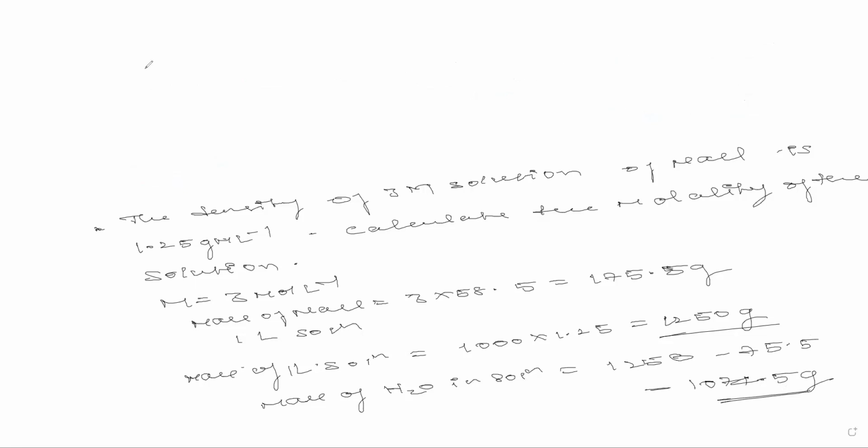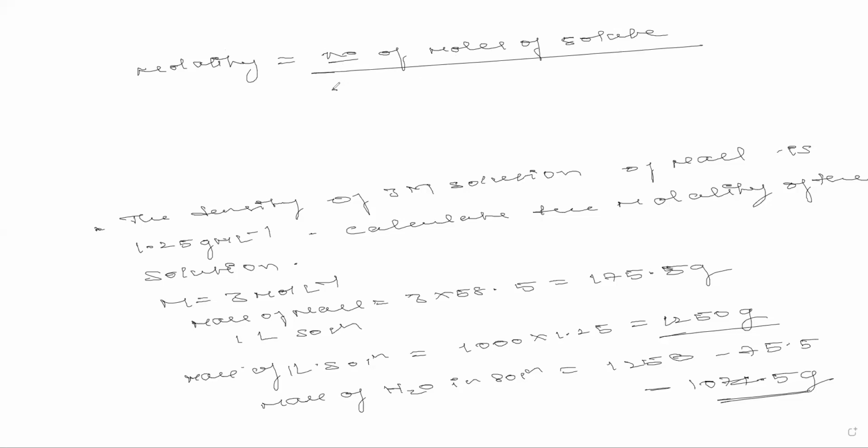The formula is molality equal to the number of moles of solute divided by the mass of solvent in kg. So that one is 3 moles divided by 1.074 kg.